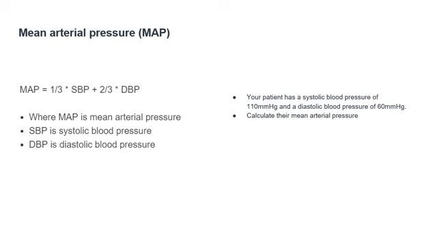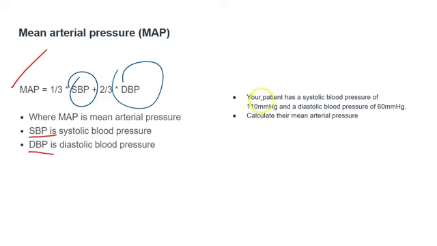For calculating the mean arterial pressure, you need the systolic and diastolic blood pressure. Don't worry about this equation, we are going to give you the equation. The only thing you have to do is make sure you know the systolic blood pressure is the higher number and the diastolic blood pressure is the lower number, and then put them inside of this equation.